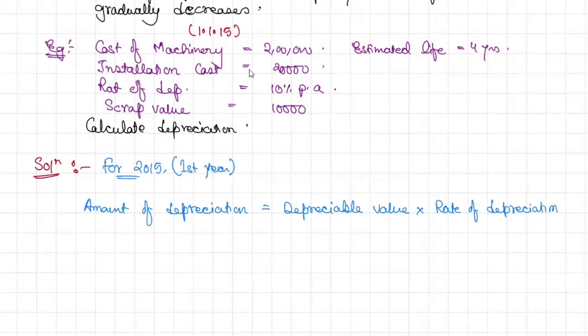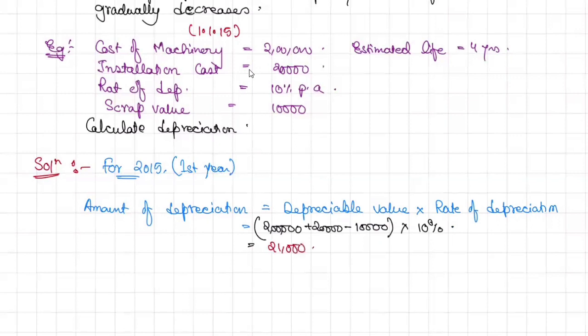Is there anything wrong in it? So what will be the depreciable value over here? It will be 2 lakh plus 20,000 minus 10,000, the scrap value. What is the rate of depreciation? It's 10%. So the amount of depreciation is 2 lakh 10 thousand into 10%, 21,000. Correct me if I'm wrong.